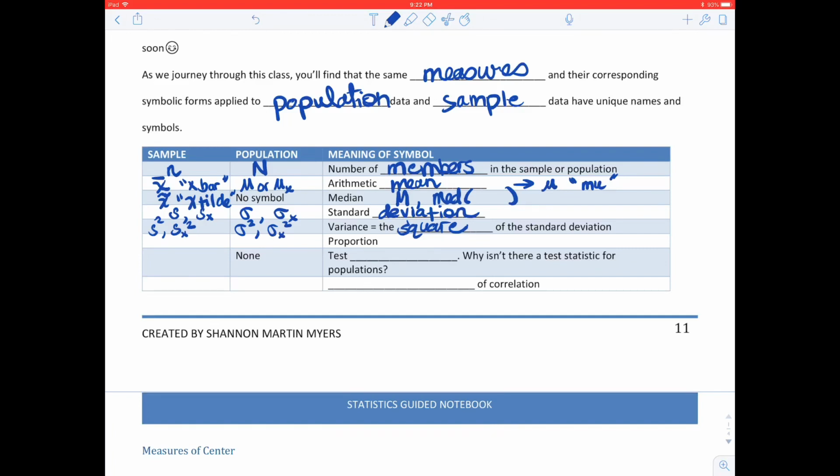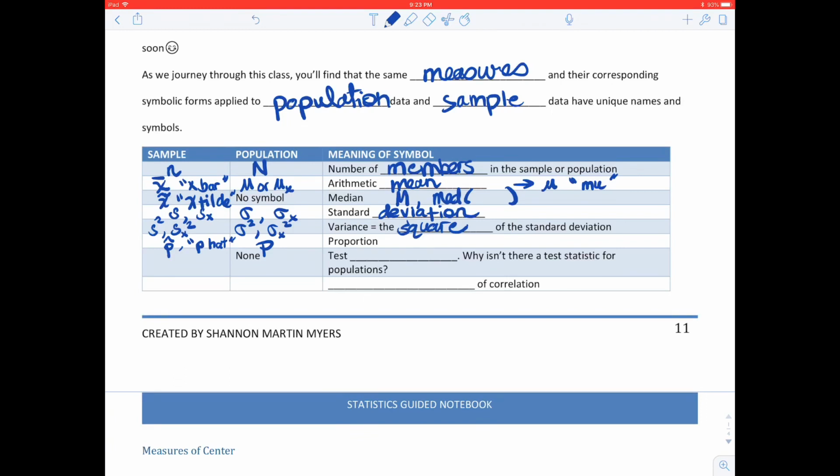Now, proportions, we deal with proportions quite a bit, and the population proportion is just going to be a p. When you see something like this, that means it's a sample statistic, and it's literally pronounced p hat. So it's wearing a nice cheerful hat.